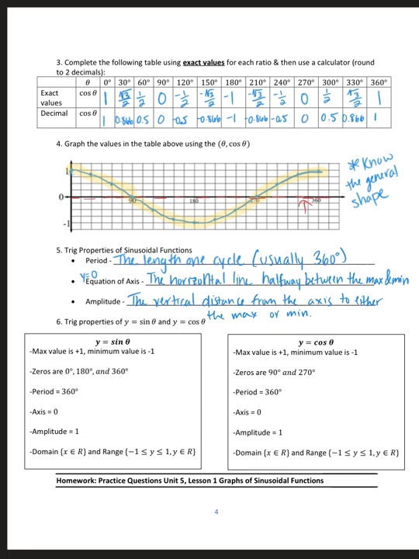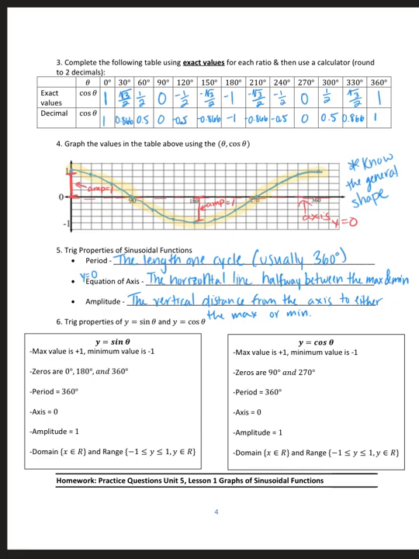Okay, and this represents our axis, which is at y equals 0. And then if we wanted to show our amplitude would be the distance from that axis up to a maximum or a minimum. Okay, so here's my axis here. If I wanted to go down, that would represent my amplitude. This would represent my amplitude. Okay, so in this case, our amplitude is equal to 1. Right, that's the distance from the axis to the maximum or minimum.